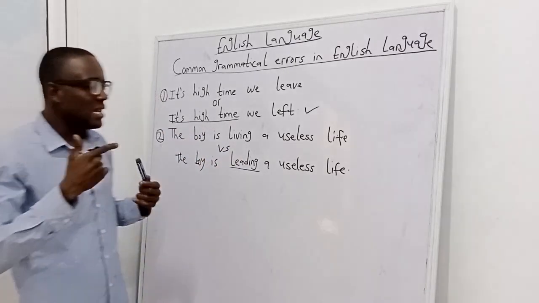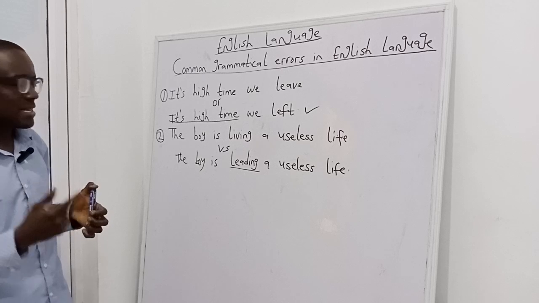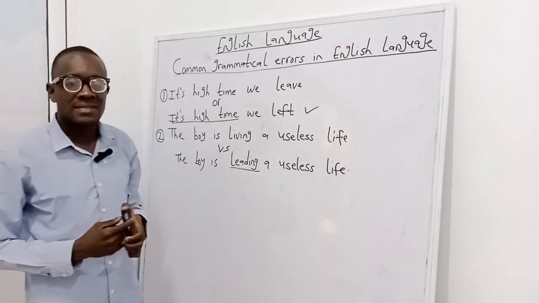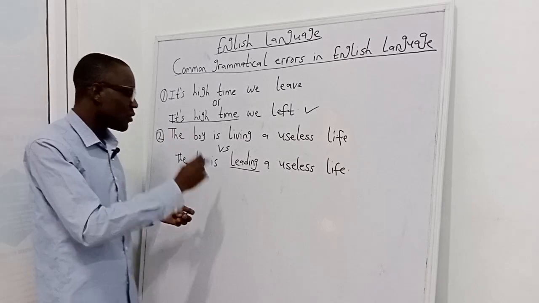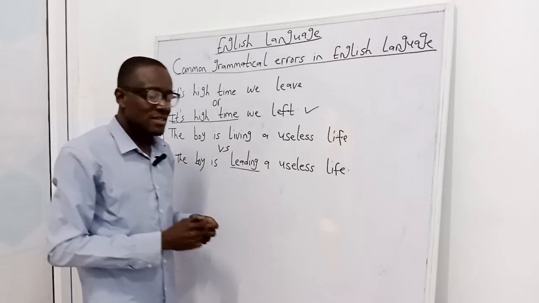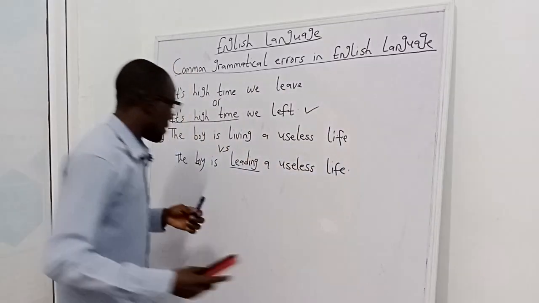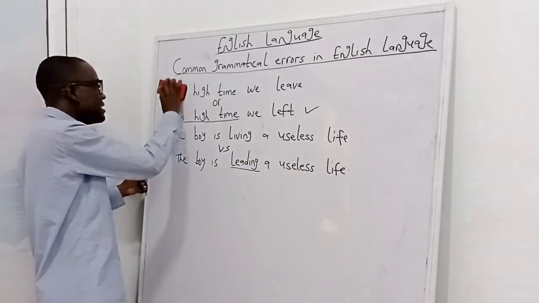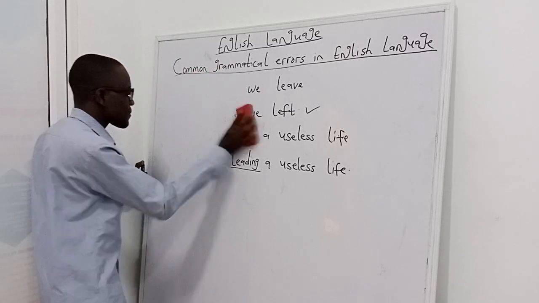A person can only lead a useless life. A person cannot live a useless life. So rather than say the boy is living a useless life, you are better off saying the boy is leading a useless life. So you can't live a useless life. You can only lead a useless life.